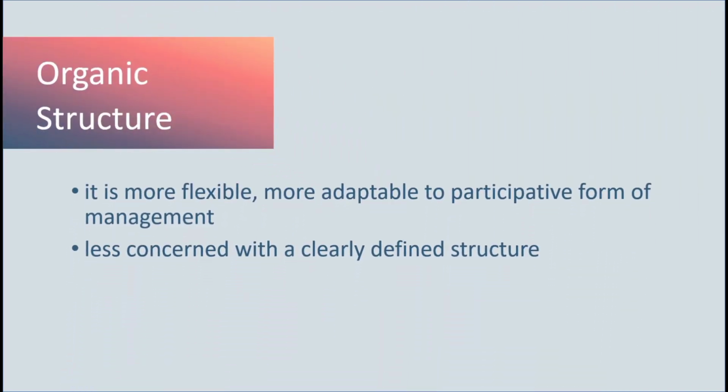And the last one is the organic structure. It is more flexible and more adaptable to a participative form of management. This structure is less concerned with a clearly defined structure. In the organic structure, the organization is a network of persons or a team.